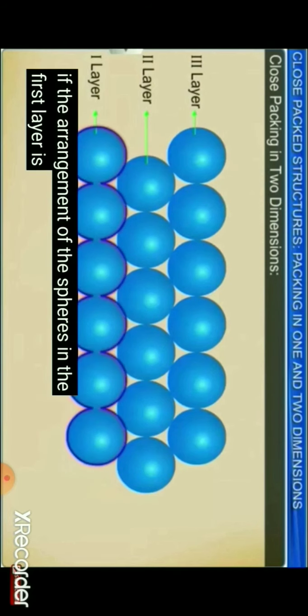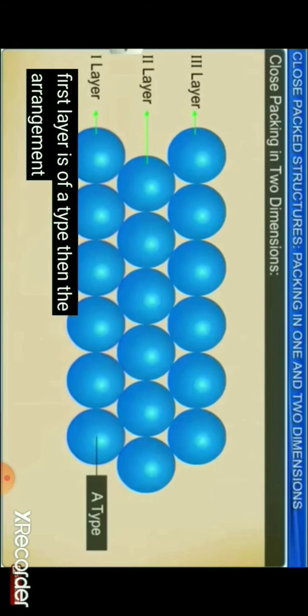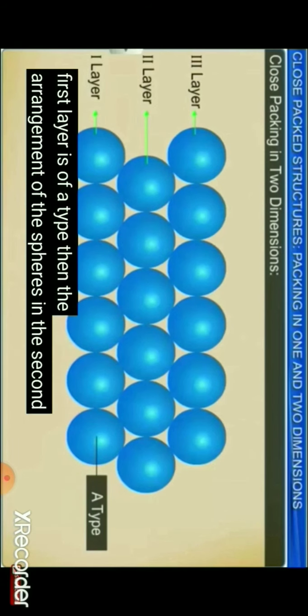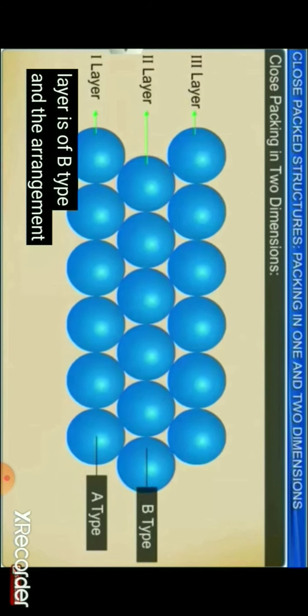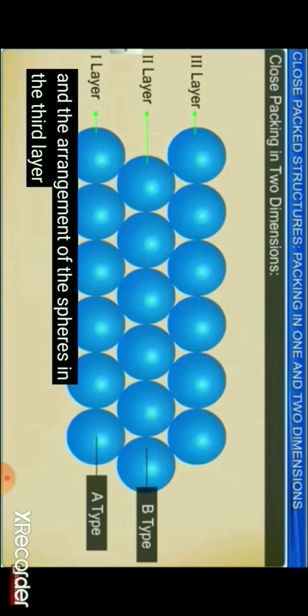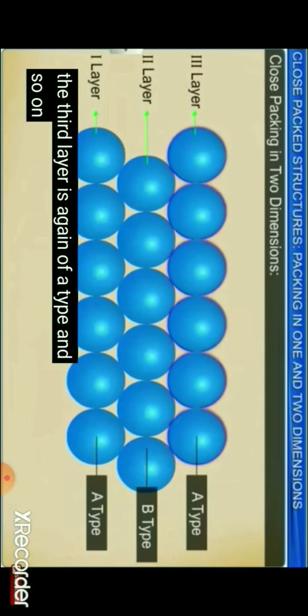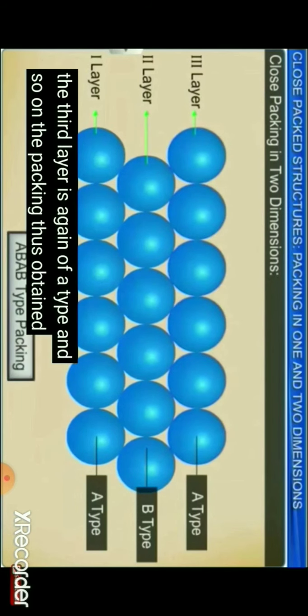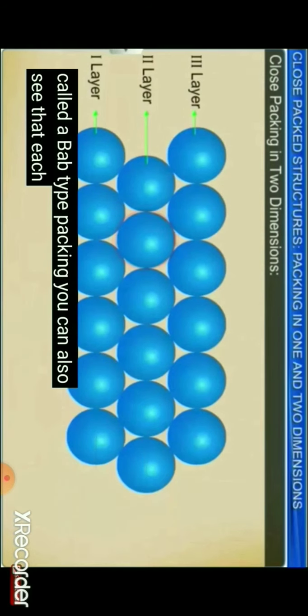This pattern is followed throughout. If the arrangement of the spheres in the first layer is of A-type, then the arrangement in the second layer is of B-type, and the arrangement in the third layer is again of A-type, and so on. The packing thus obtained is called AB type packing.